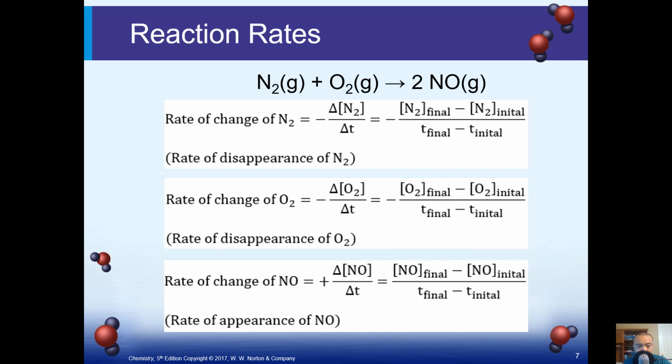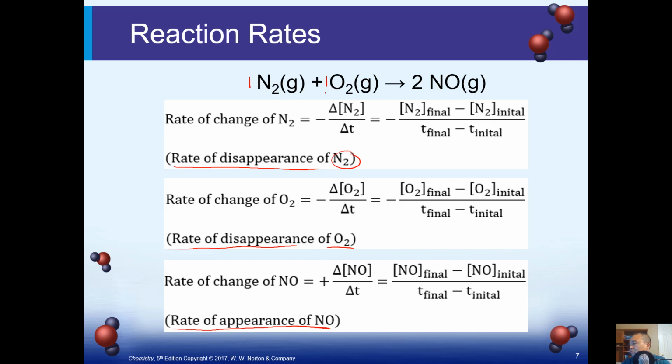The rate of change is sometimes also specifically referred to as the rate of disappearance for the reactants, or the rate of appearance of the product. Please also note these rates are going to be different if the chemical coefficients, or the number before each term, are different.